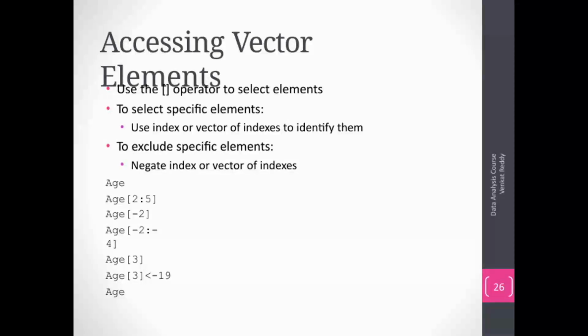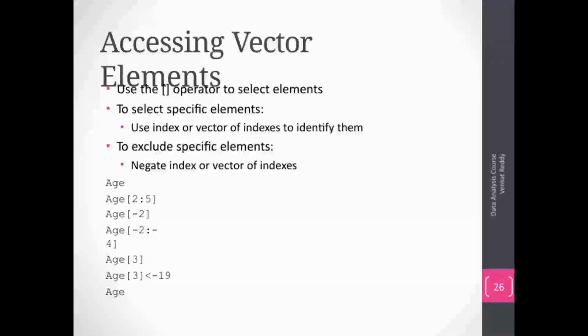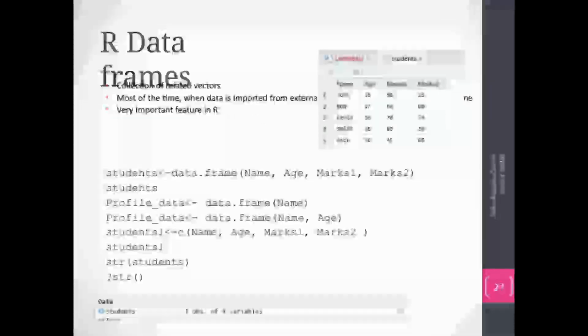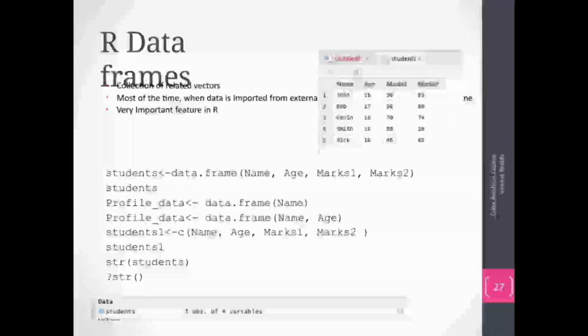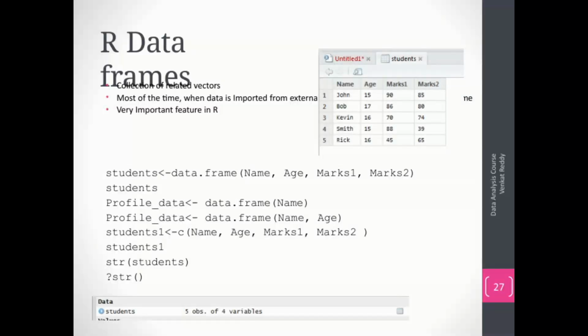Let's take a closer look at data analysis in R here. We see how we can create a data frame using the students' data, including their names, ages, and marks. Notice that the command students <- data.frame(name, age, marks1, marks2) helps us organize related vectors into a single structure. When we print students, it displays all this information neatly formatted.